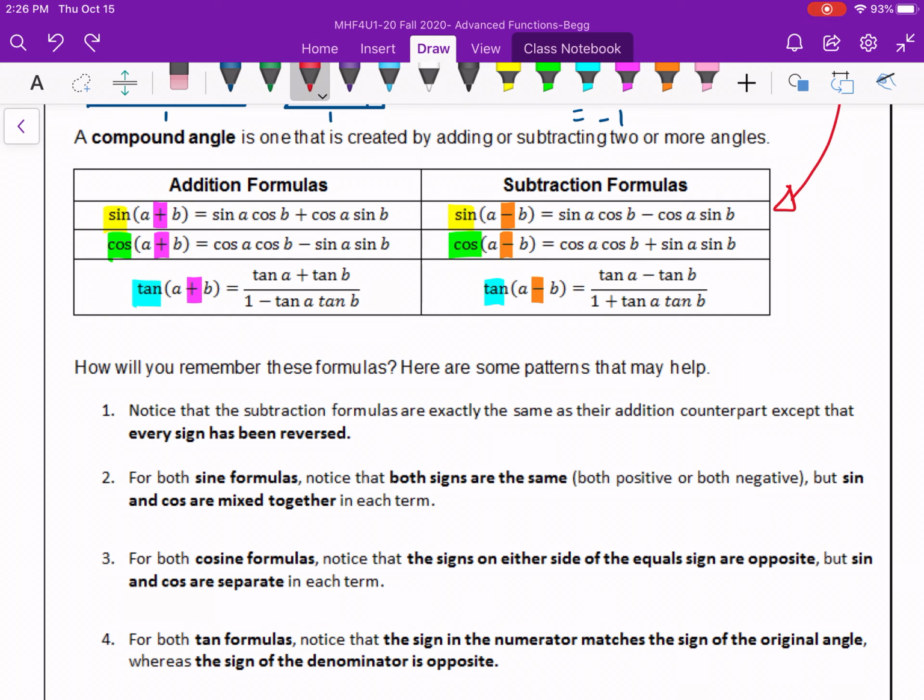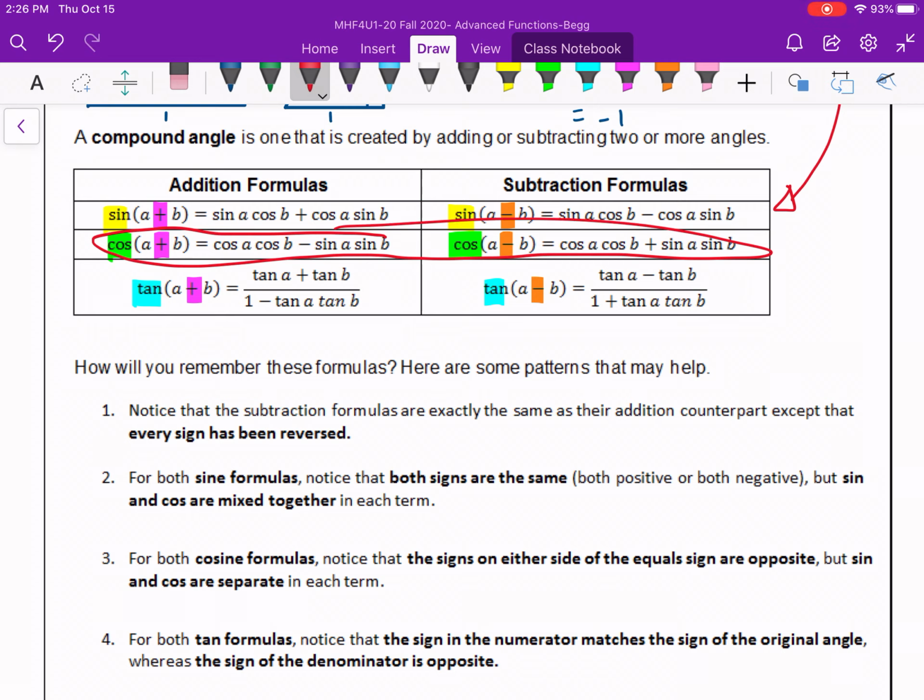As far as the sine formulas go, this top row, notice how it's sine times cos plus cos times sine. So we're mixing the sine and the cos together, whether it's addition or subtraction. Whereas for the cosine ones, it's cos times cos minus sine times sine, so we can remember it that way.